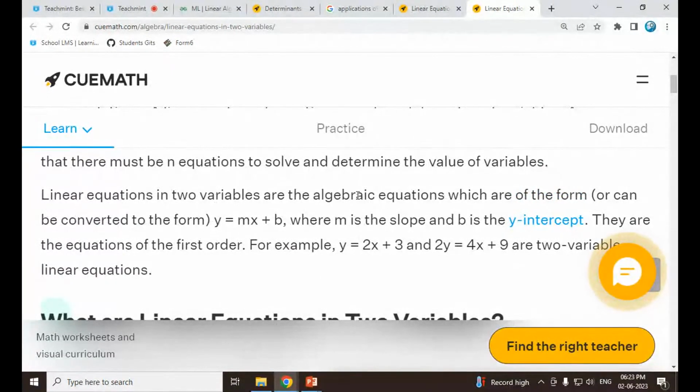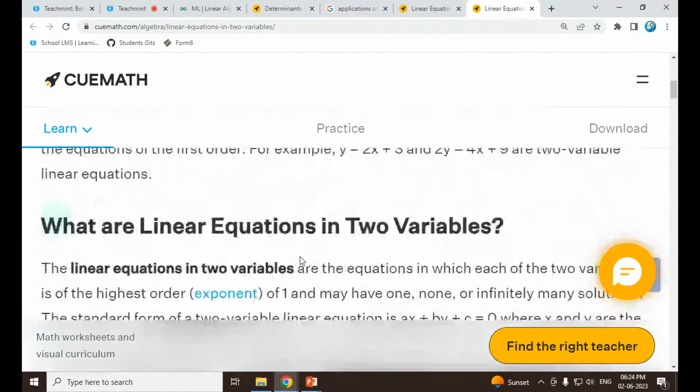Linear equations of 2 variables are algebraic equations of the form y equal to mx plus b. They are equations of the first order. For example, y equal to 2x plus 3 and 2y equal to 4x plus 9 are 2-variable linear equations.